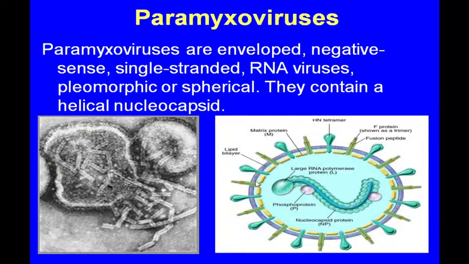This blue one, the navy blue, is a lipid bilayer that is derived from the previous host cell during the replication of the virus. And finally, we have glycoproteins on top.